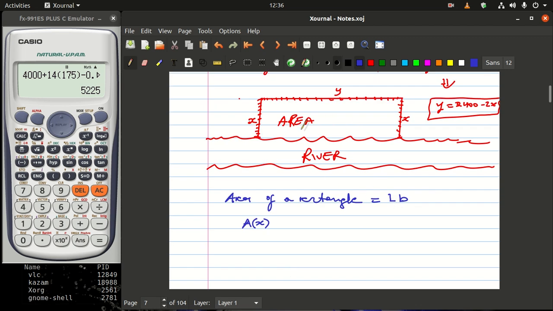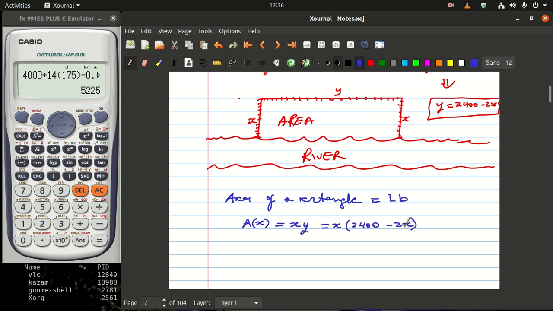The area of this rectangle with respect to x is going to be, what is the length? The length, I'm going to say it is x, and then you take one side and multiply by that side. So it's going to be x times y. And I want this area to be a function of x, so in the place of y, I am going to plug in 2,400 minus 2x.